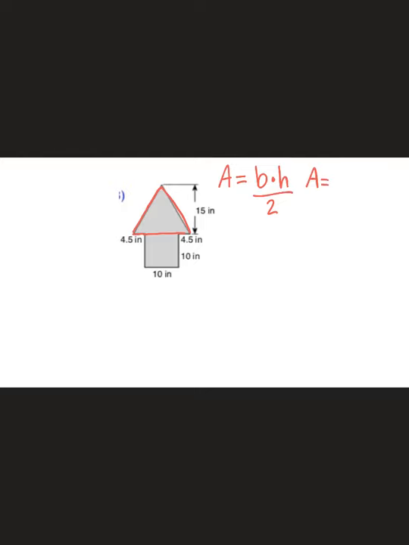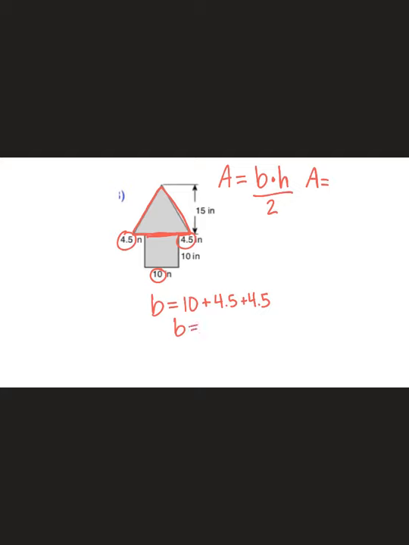The length of the base is not exactly given to us. We have to figure that out. We know that this part of the triangle right here has a measure of 10 inches. We also know that the triangle extends in both directions an additional 4.5 inches on both sides. So I can find the total base by adding 10 inches plus 4.5 inches plus an additional 4.5 inches.